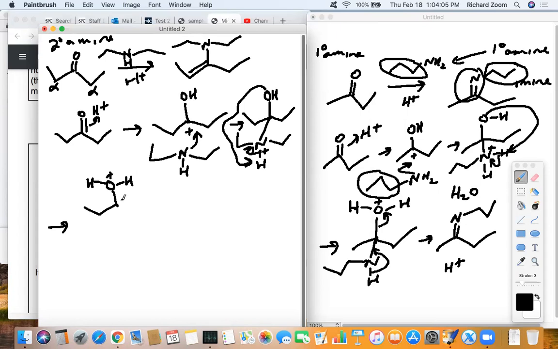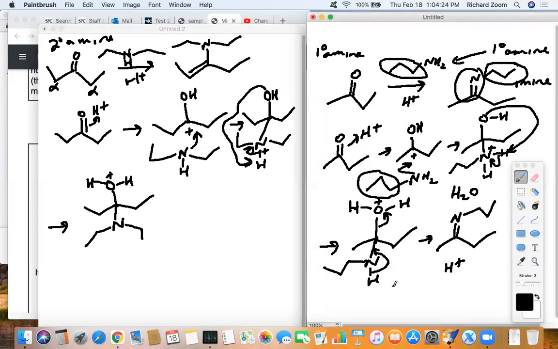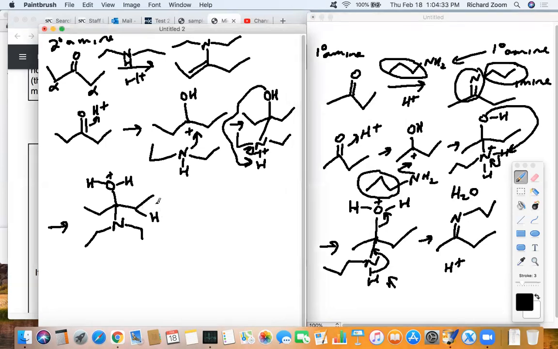We'll have the H on the O plus. And then there's no hydrogen now on the nitrogen, you'll notice. We don't have this option down here, this one I'm pointing to. It doesn't do the same thing. So what happens is that one of these hydrogens that's on the C will be lost.